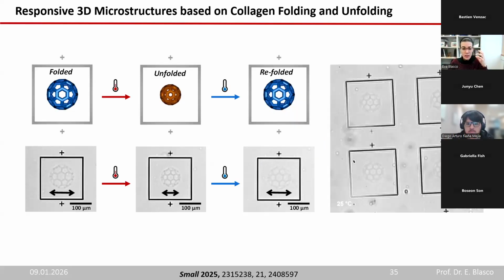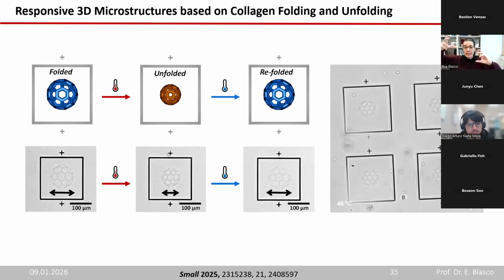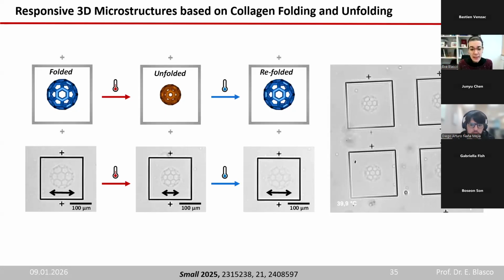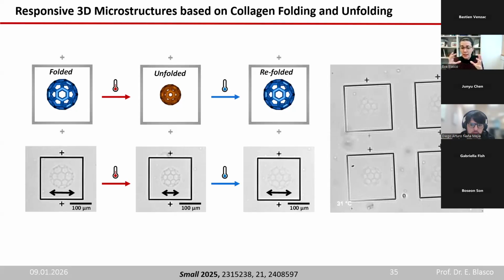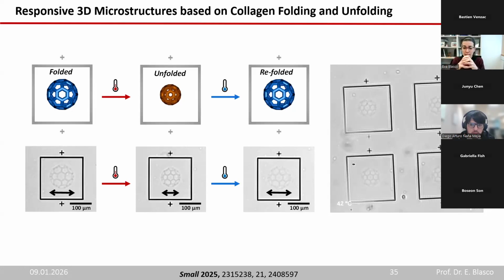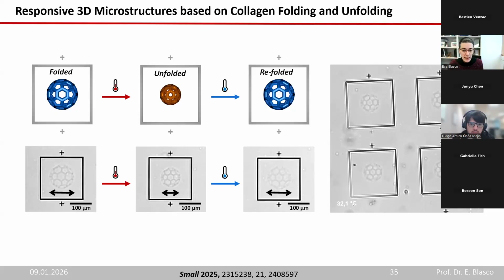So here we are not destroying the protein, we are only folding and unfolding. And you see in the video, when we go above these 40 degrees, then it contracts, and then it completely expands again. We have other geometries, so that works really nicely and reversible in water.